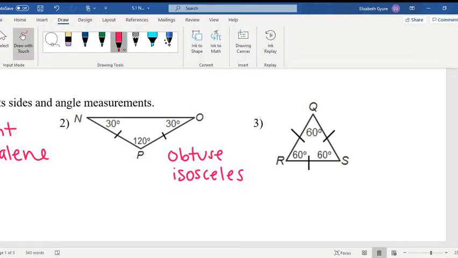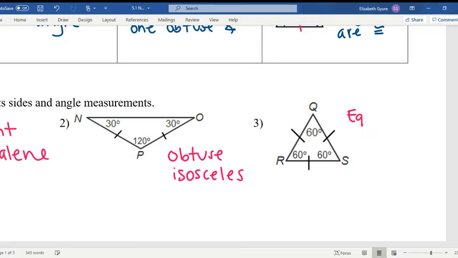Equiangular and equilateral. Good. Questions yet? Question or answer, Mark? Oh, don't claim a spot yet.